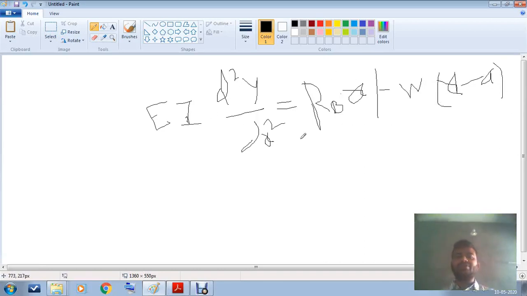So this is the governing equation that we have written. I think you can understand it clearly.